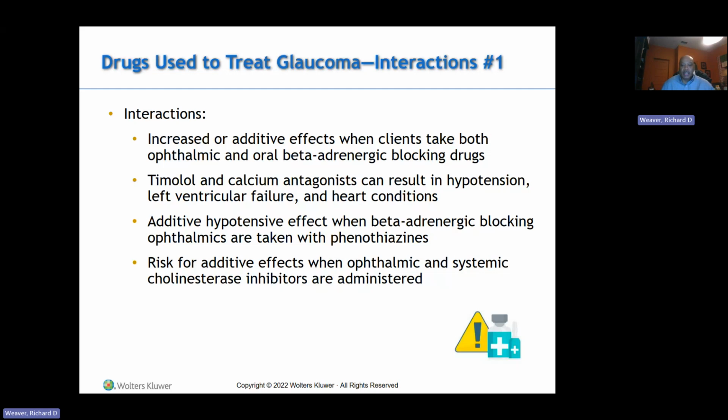But when you give these ophthalmic preparations that have anticholinesterase inhibitor actions, it can result in even more acetylcholine being available, which can intensify the effects of acetylcholine.